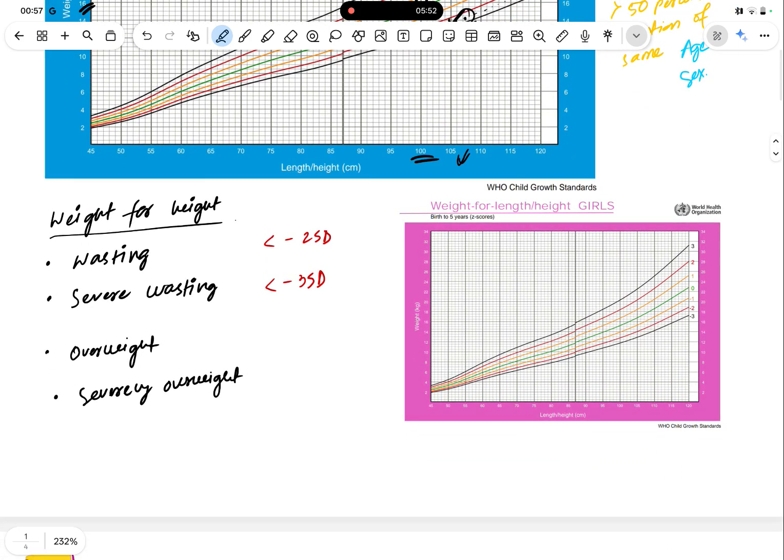And overweight, we will call overweight when the weight for the height is more than plus 2, that is between plus 2 to plus 3 standard deviation. Severely overweight we will call when the weight is more than plus 3 standard deviation. This is used for girls, it is pink color.